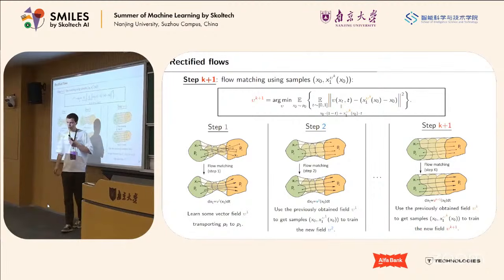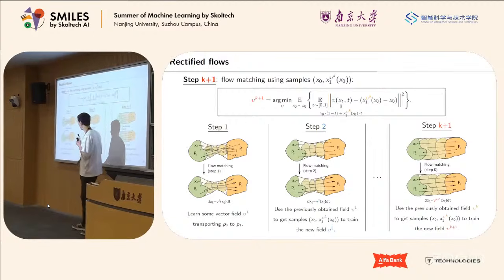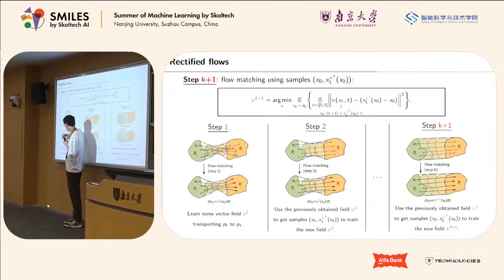Then you do the following. You forget about the dynamic part of your transport. You do not care anymore how this model performs this transport. You care only about the input point and the end point of this transport.